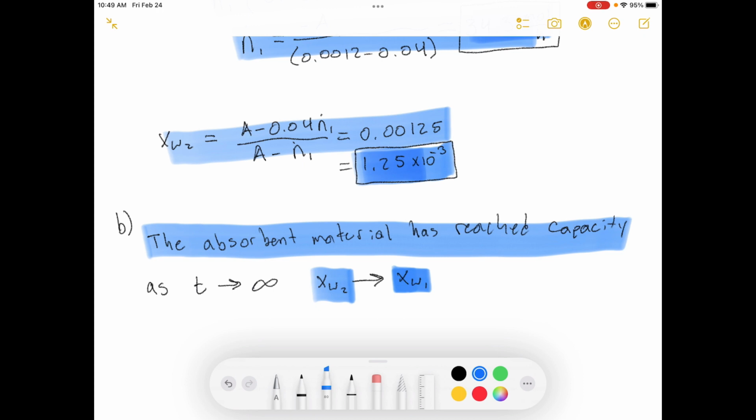So as time goes to infinity, the mass fraction of water in the exit stream just becomes the same as it was in the inlet. It isn't more than the inlet, it isn't less than the inlet, it just asymptotically approaches the same value as the inlet.